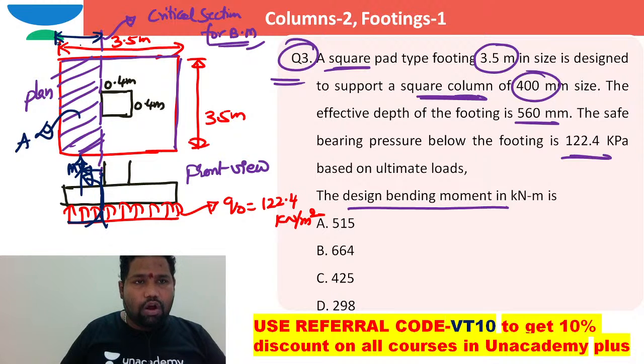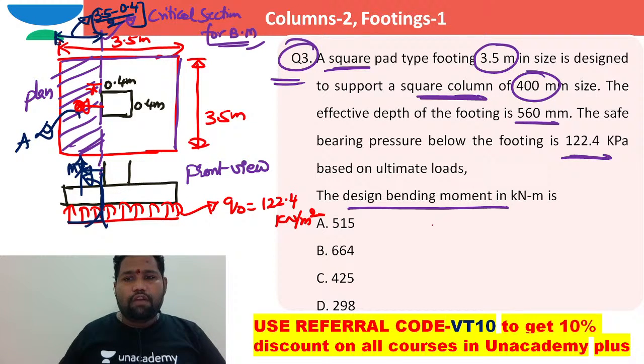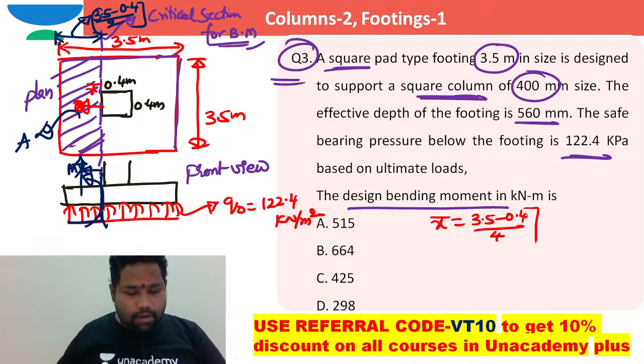What is this value? This value is 3.5 minus 0.4 by 2. So if the distance of the centroid of this force from the critical section is x bar, then x bar is (3.5 minus 0.4) by 2 divided by 2, that is divided by 4, which we can write as 0.775 meter.